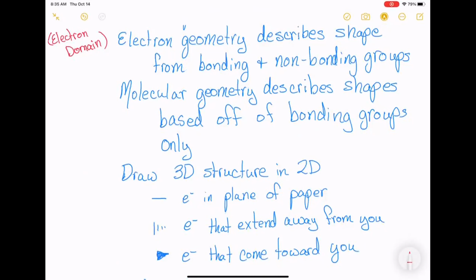To take a 3D structure and draw it on a 2D sheet of paper, if you see a straight line, it represents the fact that those electrons are considered to be in the plane of the paper. So literally, you can think about a sheet of paper. When you draw a straight line, you're saying the electrons are in that plane.